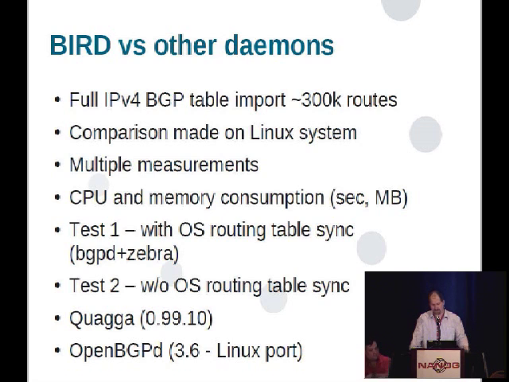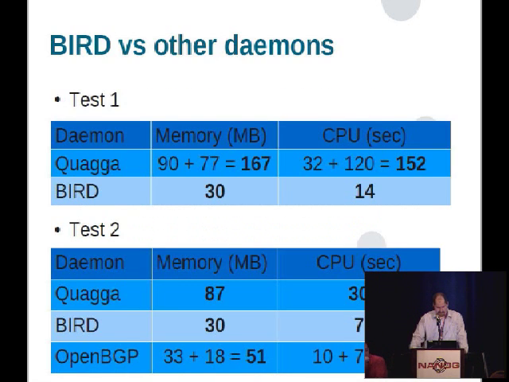We measured the memory consumption and the CPU time, not the real time, but what the operating system declared as CPU time. We tested Quagga and OpenBGPD, but we did it on Linux, and I know it's not fair, because OpenBGPD is not really designed to run on Linux, so it may have some problems.